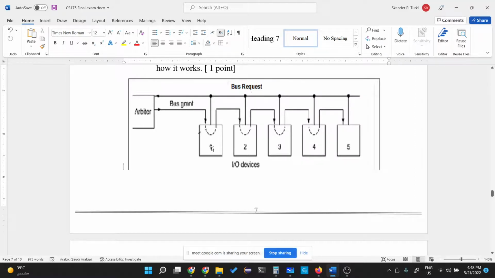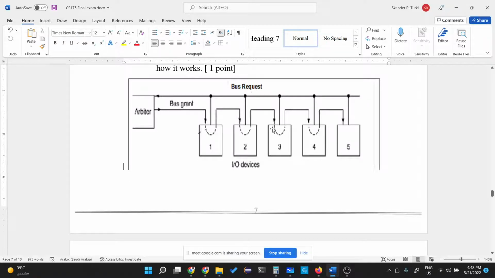So one asks for the bus, and when it finishes using the bus, the arbiter will look if there is another bus request. It will find that 5 is still requesting the bus. Maybe at this time 3 will also issue a bus request, so the arbiter will issue a grant to 3, and 3 will take the bus. So 5 will still be waiting.